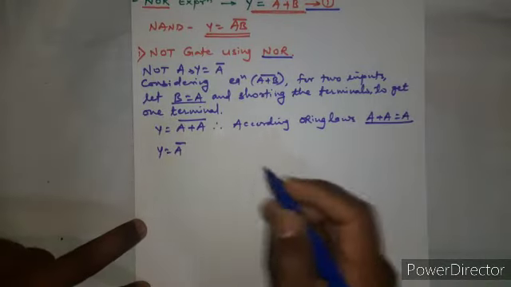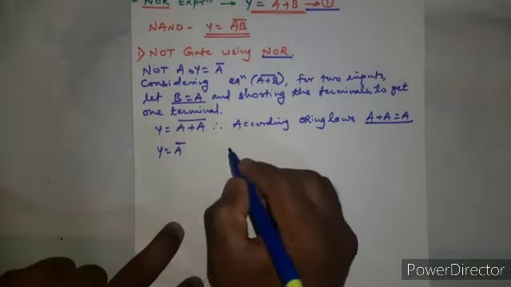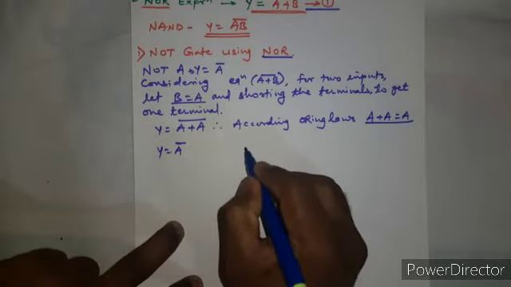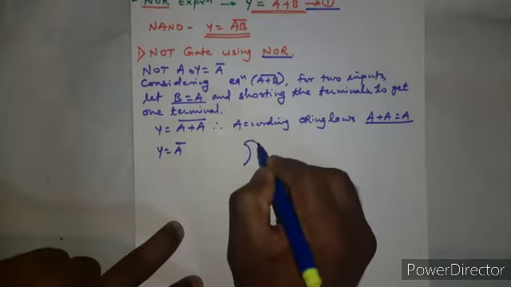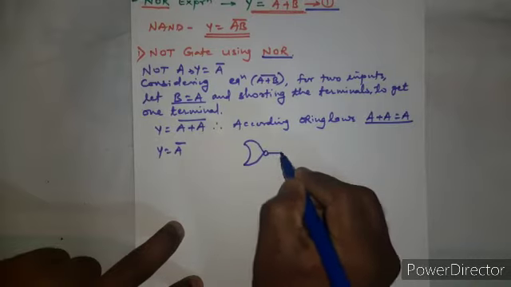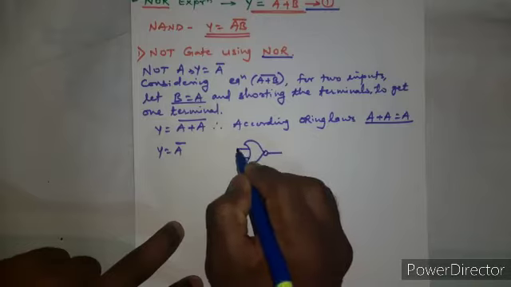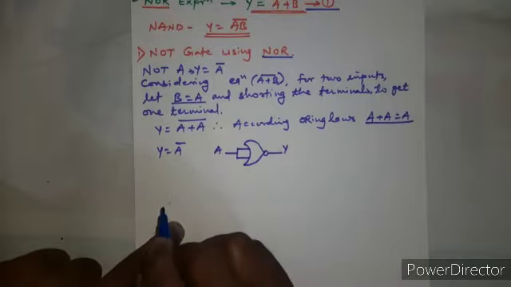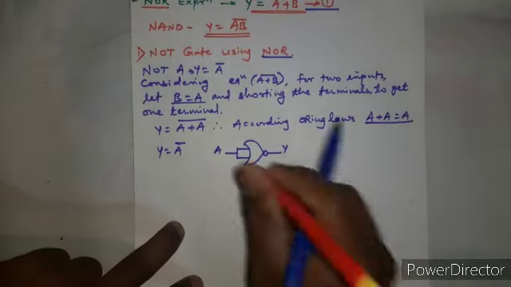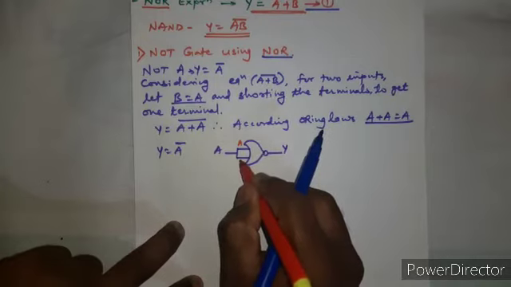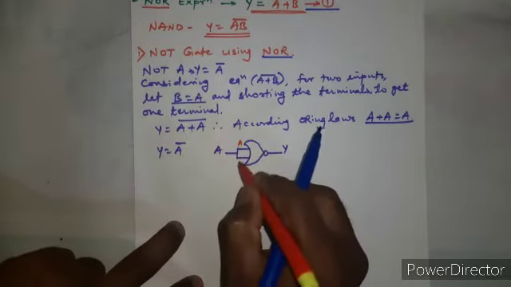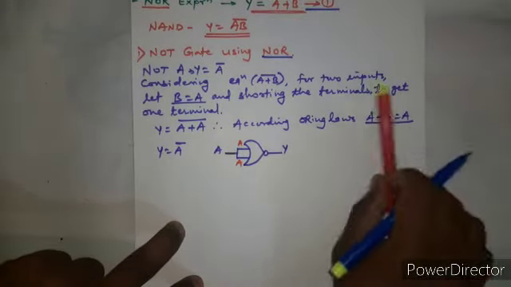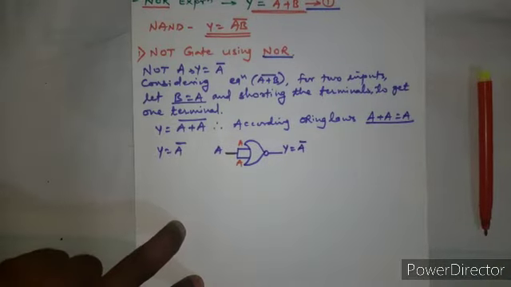So how can we implement this? Now this is NOR gate, right? So if you remember, the symbol of NOR gate is something like this, a bubble here, and these two inputs now we have shorted. Okay, so this is A and this is Y, right? So this is also A. Now this was B and we had considered B is equal to A, so it becomes simply a single terminal here, and then Y is equal to A bar.